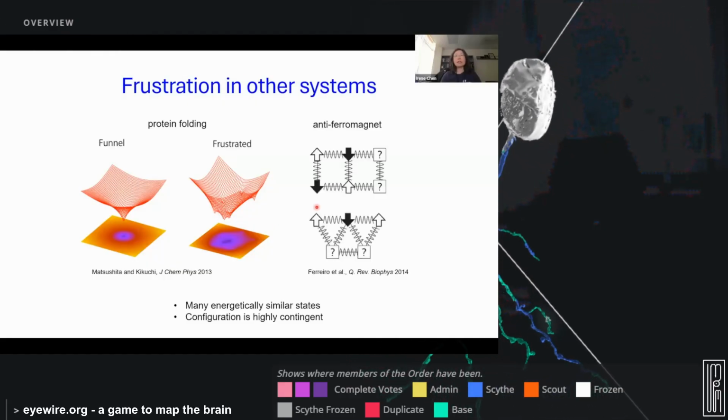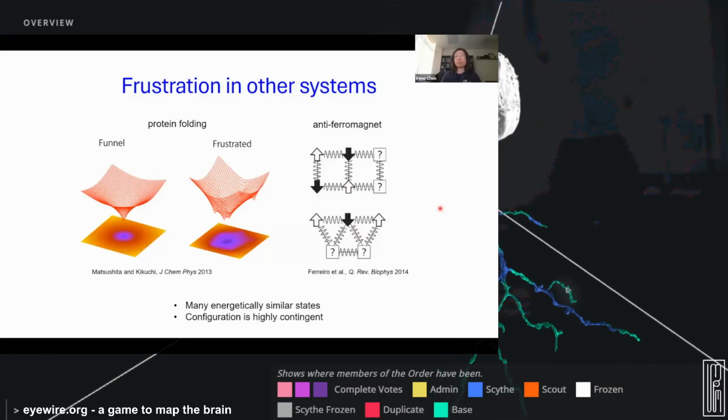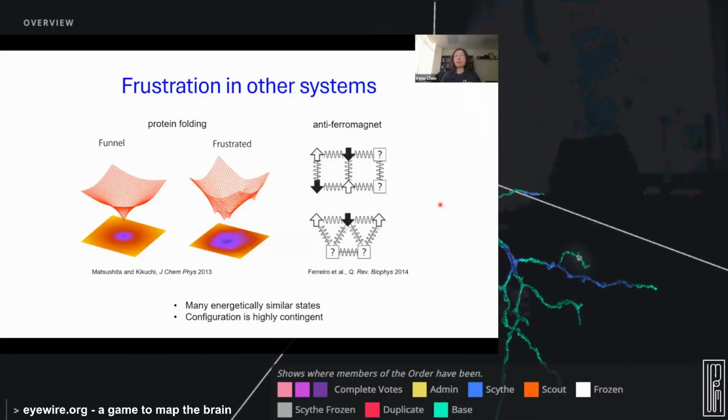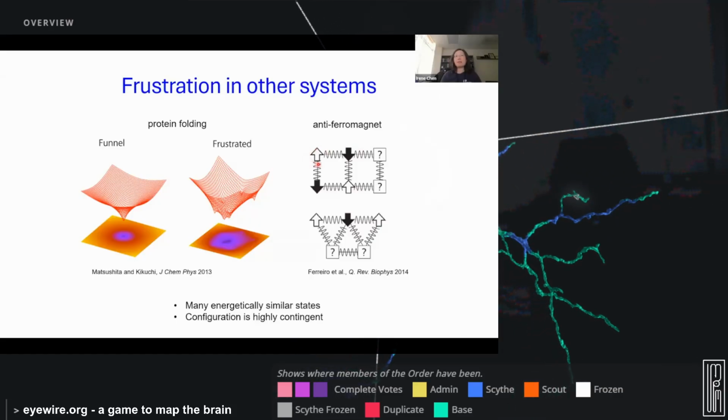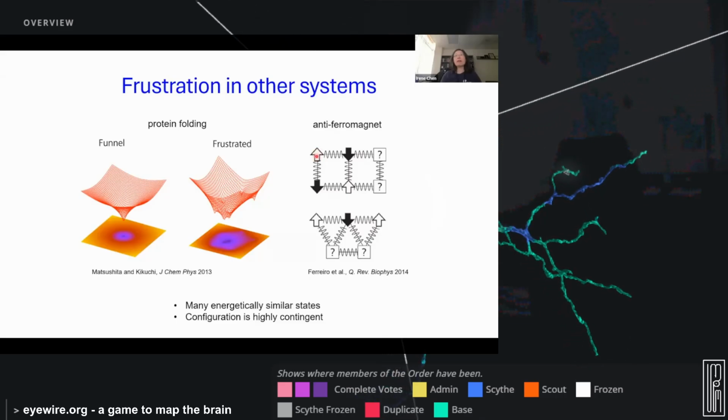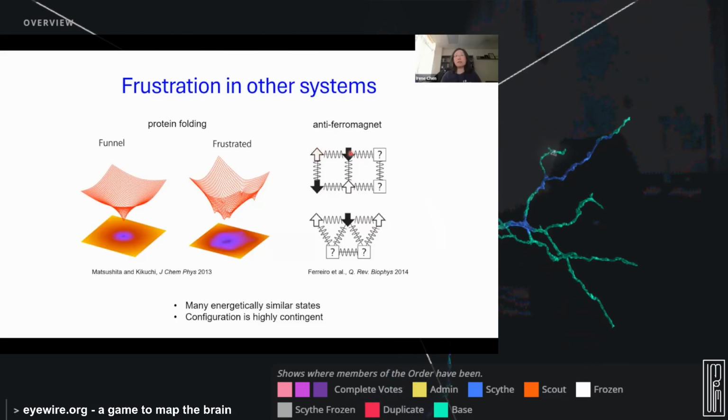And then there's the classic model for frustration in an antiferromagnet, where in this material you're trying to optimize the nearest neighbor interactions by having up next to down.